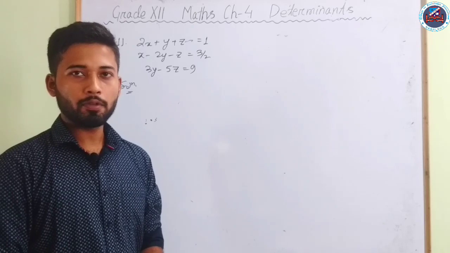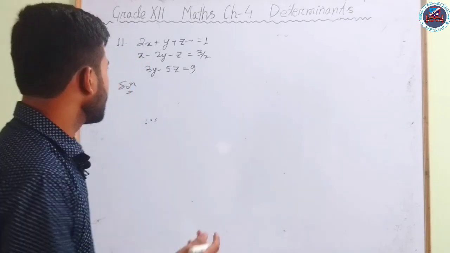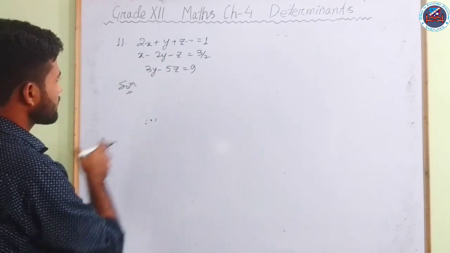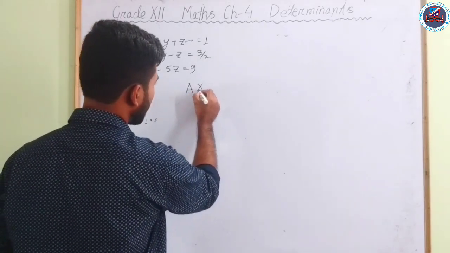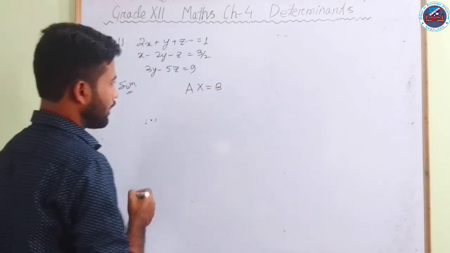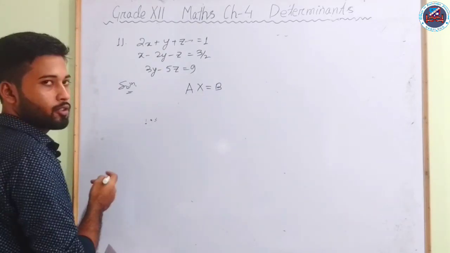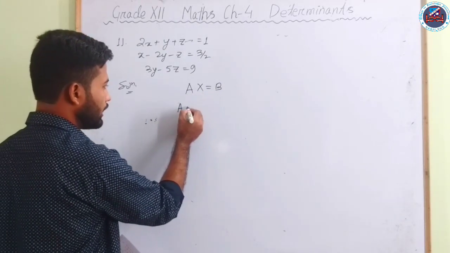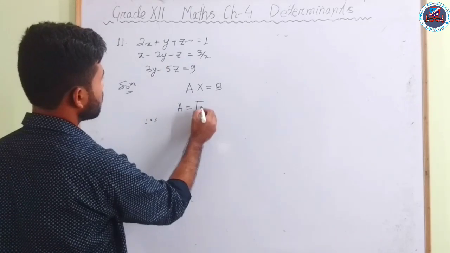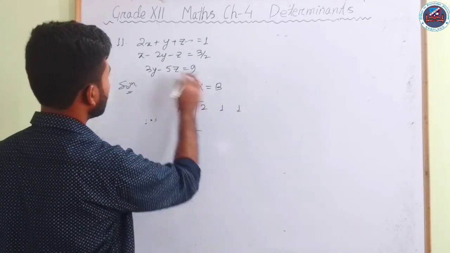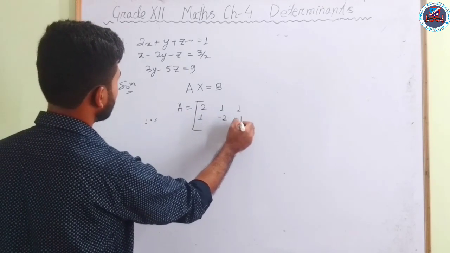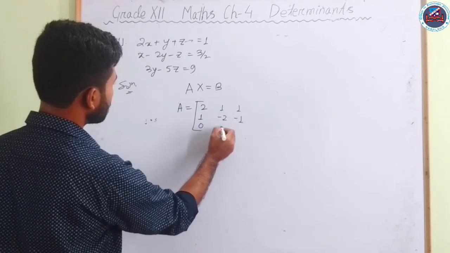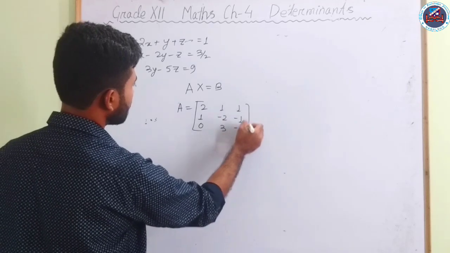We have taken question number 9. Here the system of equations is given like this. Now this system of equations can be written in the form AX is equal to B. What will be our A? Our A will be the matrix 2, 1, 1, the coefficients of x, y and z, then 1, minus 2, minus 1, and 0, 3 and minus 5.